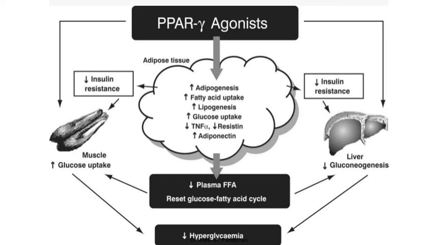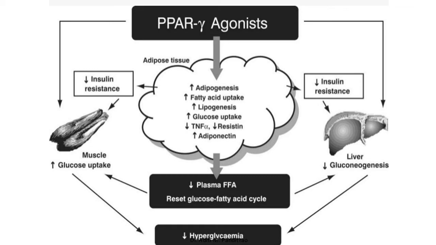All these factors decrease the plasma free fatty acids, so they reset the glucose fatty acid cycle that decreases the hyperglycemia. And because of this adipogenesis, patient experiences weight gain. And because of all these effects that it produces on adipose tissue, insulin resistance decreases.